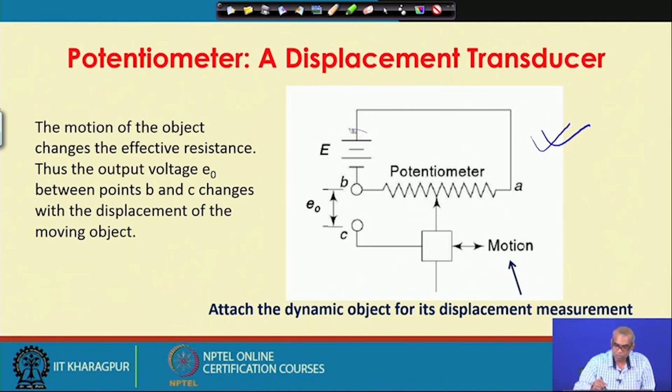So, this is the exciting voltage, and let us say the object whose displacement or motion needs to be measured is connected to this arm.